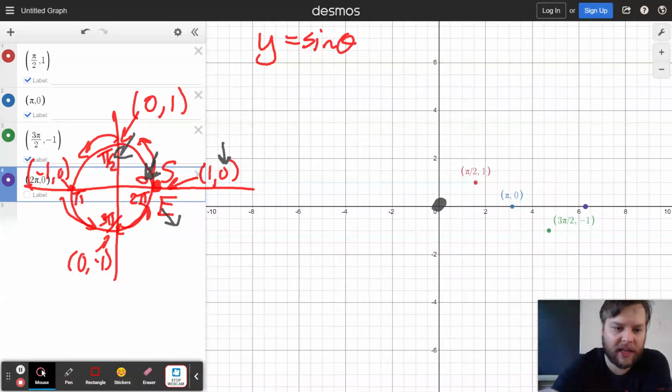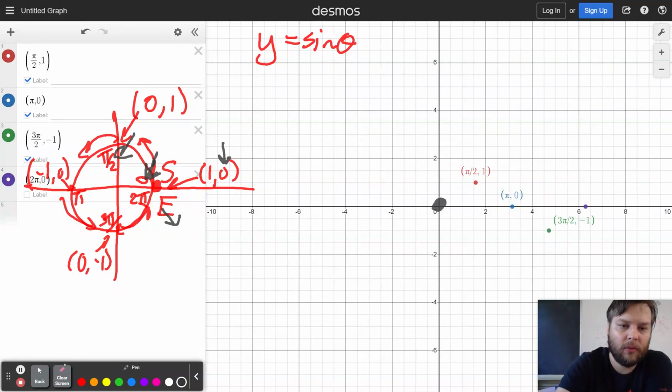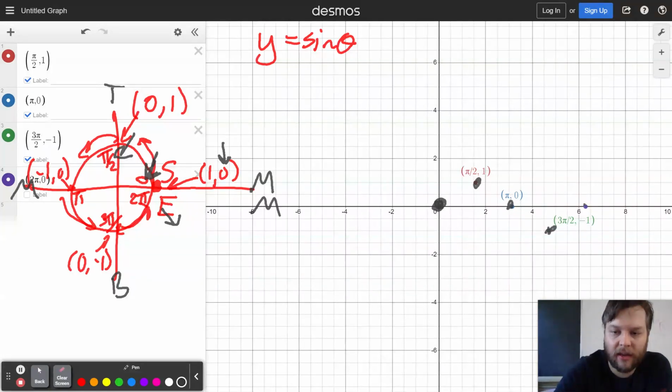I know that sine goes through a pattern where it goes 0, 1, 0, negative 1, 0. I like to think of sine as going middle, top, middle, bottom, and middle again, representing these 5 dots right here.